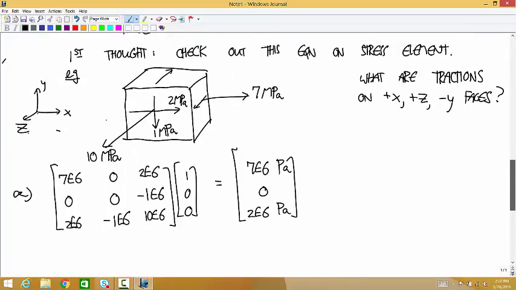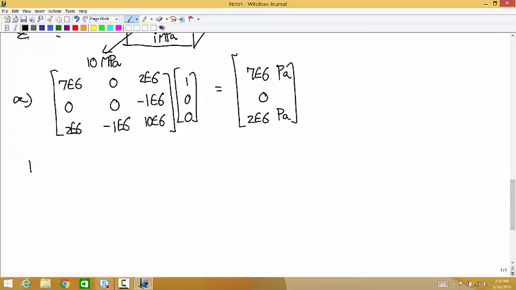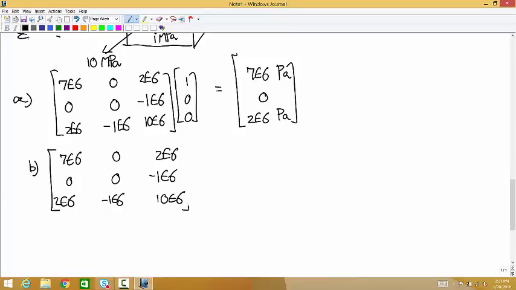Now let's do it for the positive z. Same stress tensor. What's an outward normal for the positive z face?